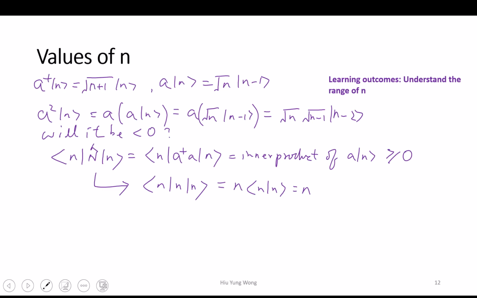What is the number of photons in this state? n. That is exactly what it is saying here. So I prove that this process is just the inner product of an arbitrary vector, the n vector, which must be larger than or equal to 0. So it tells us that n must be larger than or equal to 0. So you cannot have negative n.